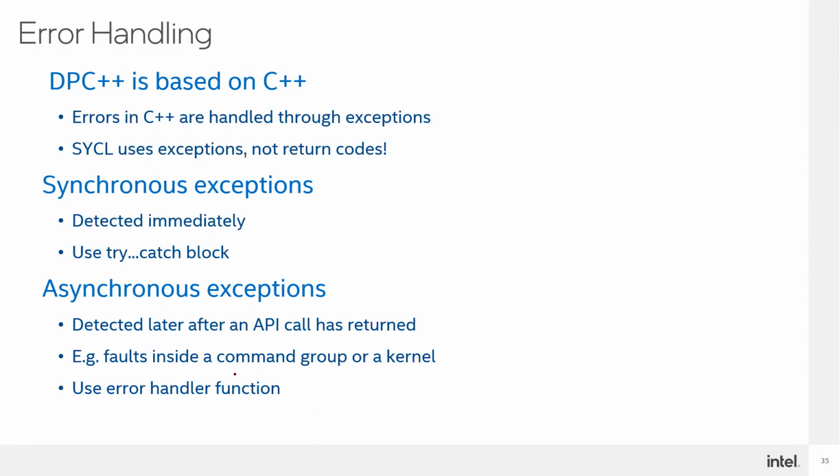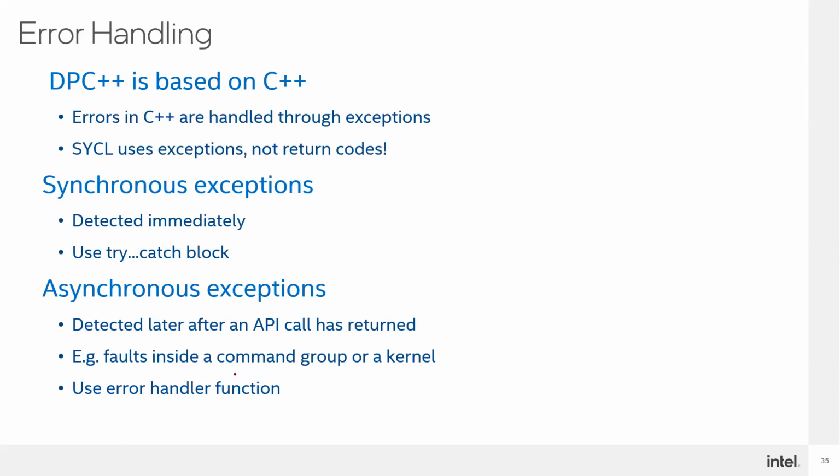We are close to the end of this big first part, and I just want to say a few words about error handling. Error handling is based on C++, which means it's based on exceptions. The exceptions can be synchronous and asynchronous. In most cases, you should expect synchronous exceptions in your code, but asynchronous ones may still happen, because some faults may happen in a command group or a kernel execution, and the execution still continues because the idea of DPC++ is asynchronous execution.